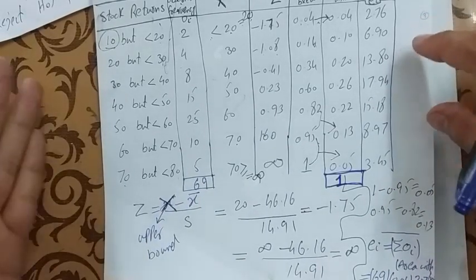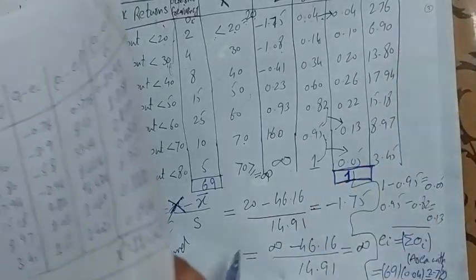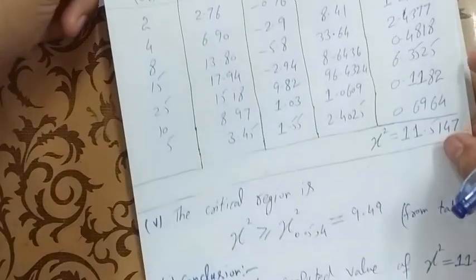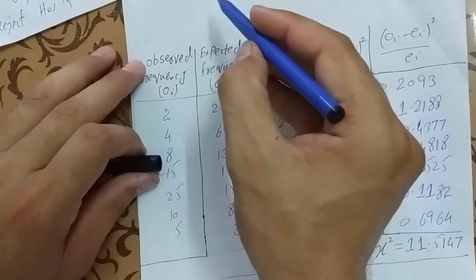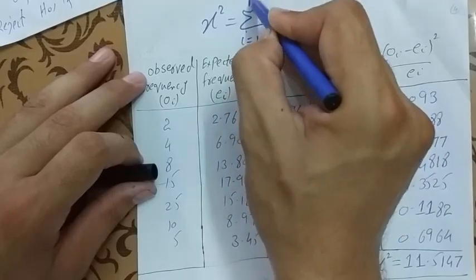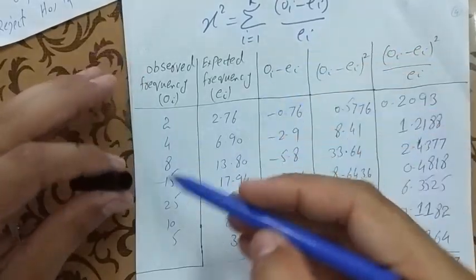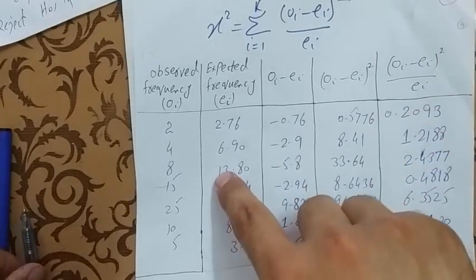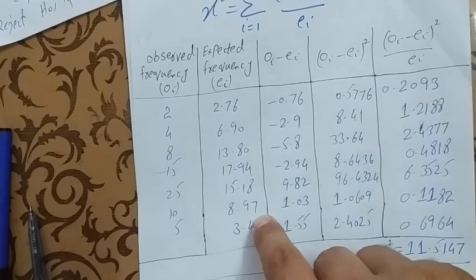Now we have the expected values, and we go to the original test statistic formula. You know, dear students, the test statistic formula is chi-square equals the summation from i equals 1 to k of (OI minus EI) whole square over EI. First we write the observed frequency table and the expected frequency found in the previous table.